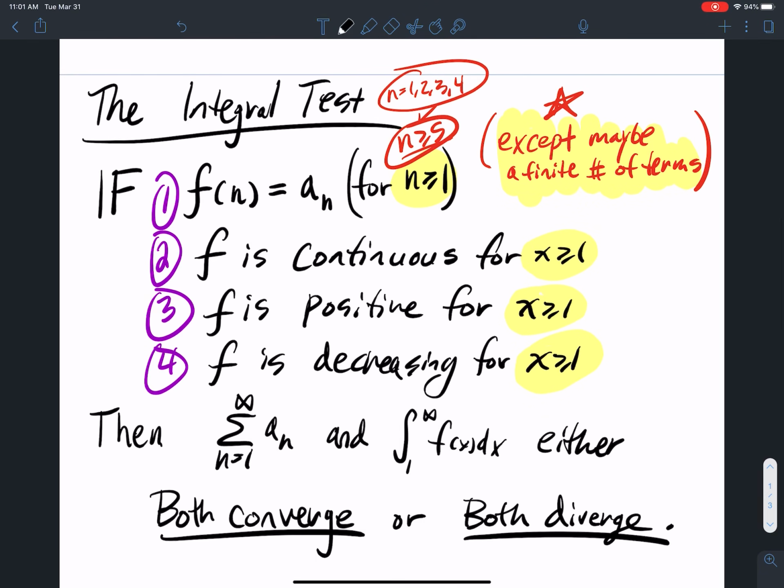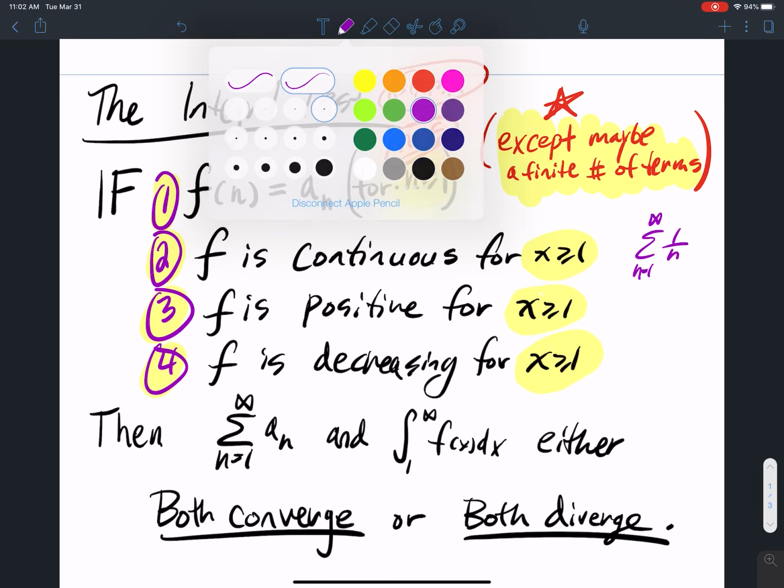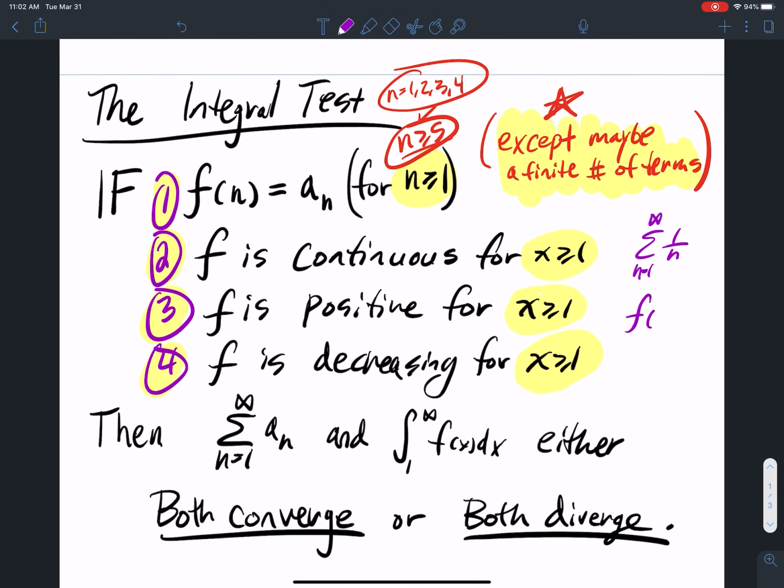The integral test says if we can satisfy these four bullets, so say, for the one we just did in our example, the series n equal 1 to infinity of 1 over n, I need to come up with a function f(n) where it's equal to the a_n's.